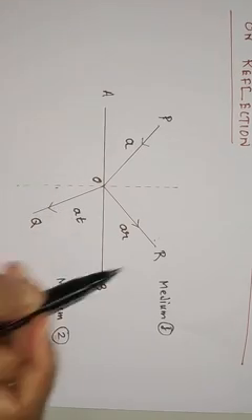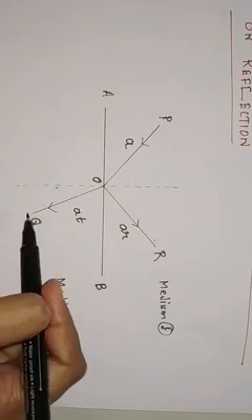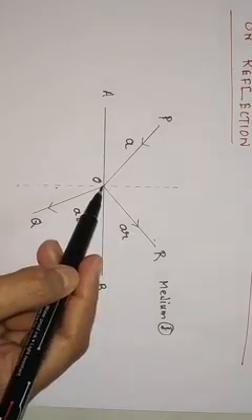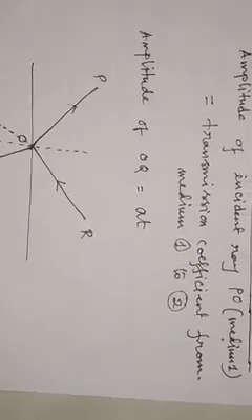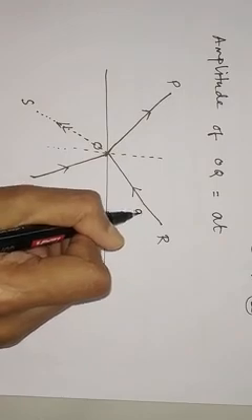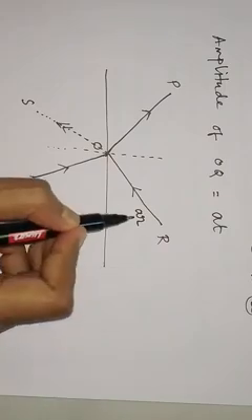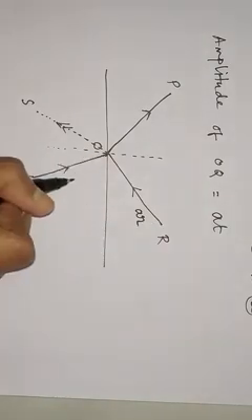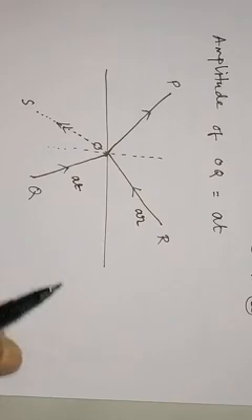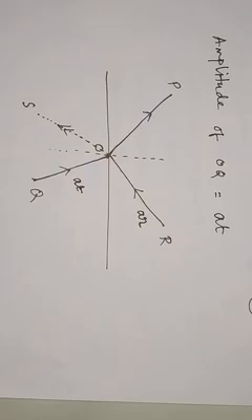Now this ray of amplitude AR and another ray of amplitude AT are incident at point O, like this one. Here a ray of amplitude AR is incident along RO, and another ray of amplitude AT is incident along QO.